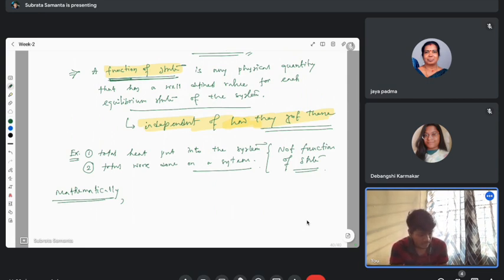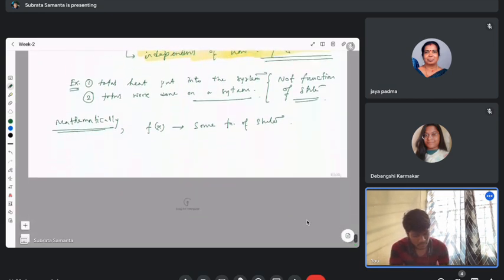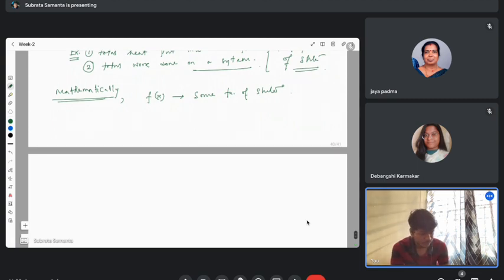Let's say f of x is some function of state. That means when we change from x1 to x2, x is a set of points.